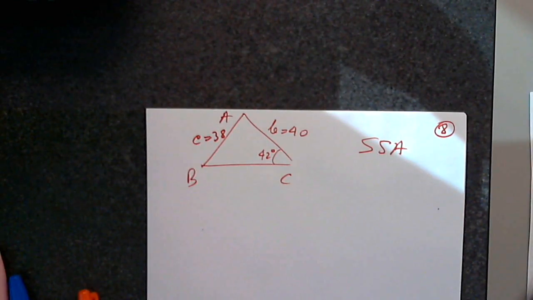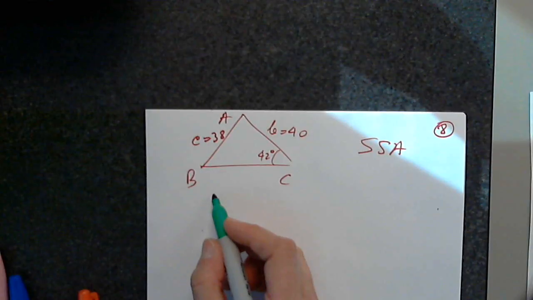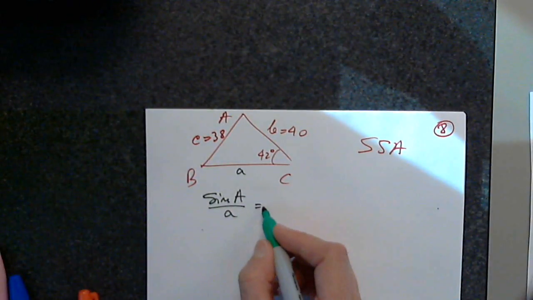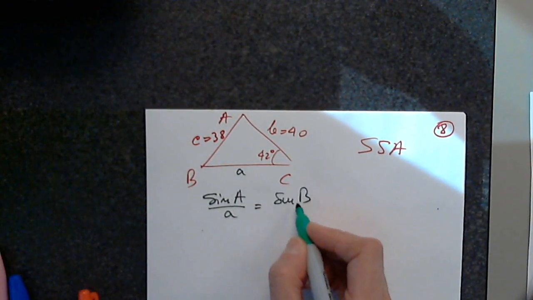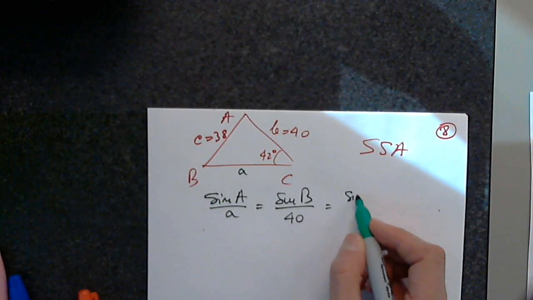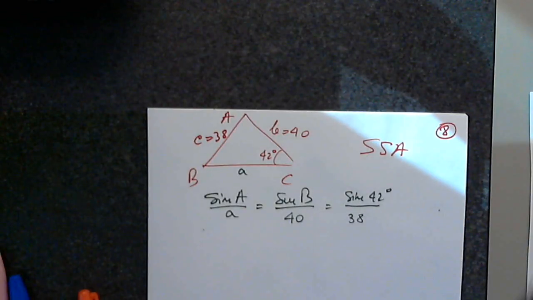So, how do I start? What do I apply? No, not yet. I have to write law of sines. So, sine A divided by A equals sine B divided by 40 equals sine 42 degrees divided by 38.